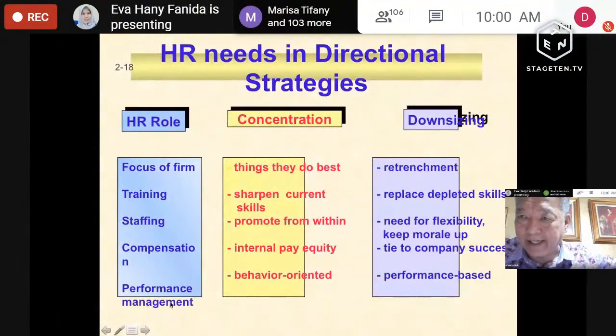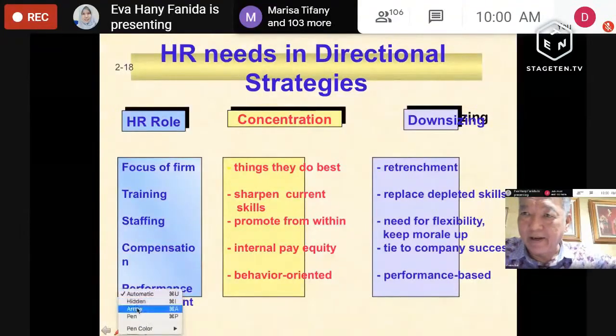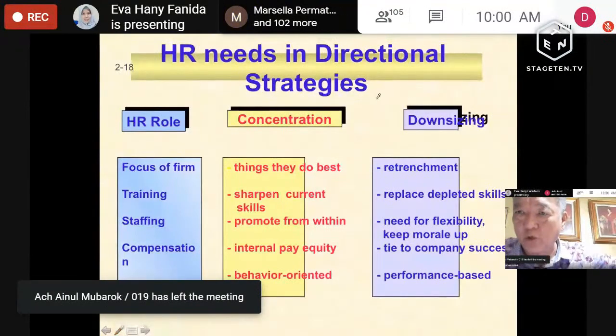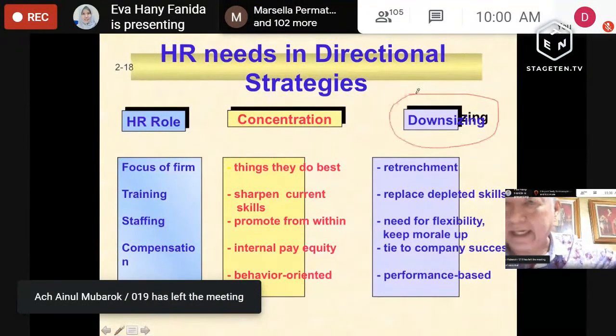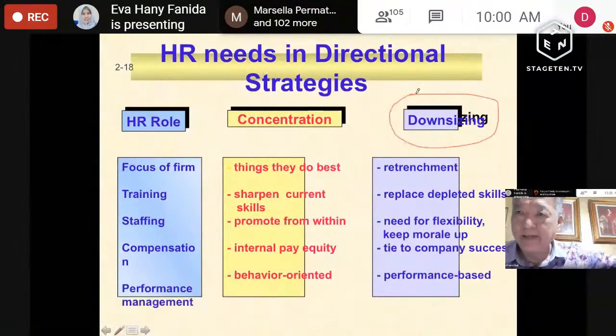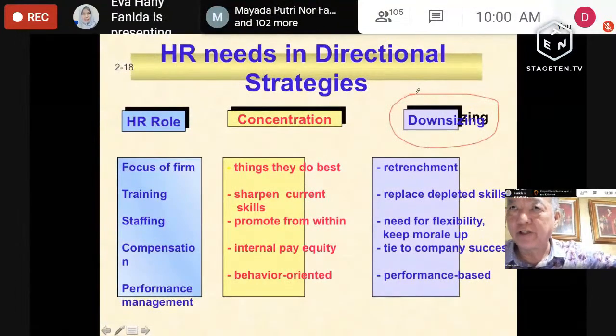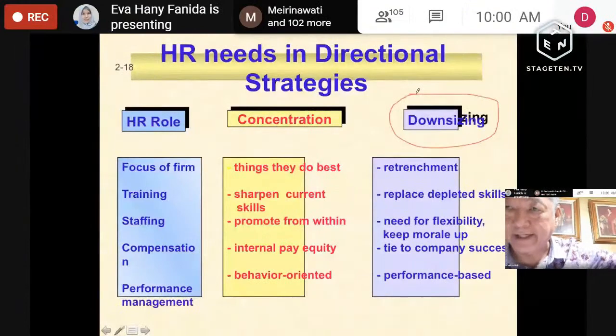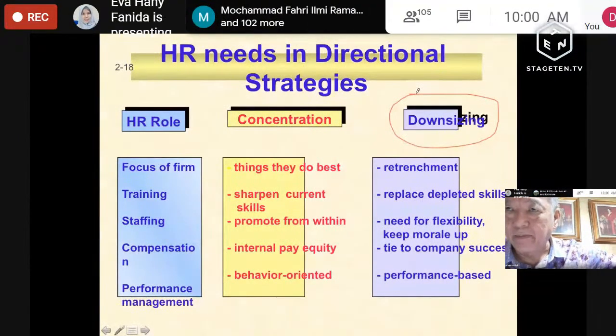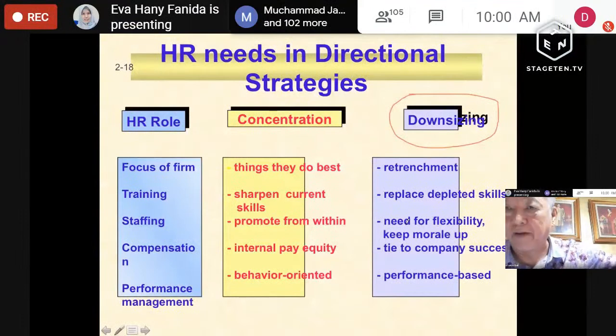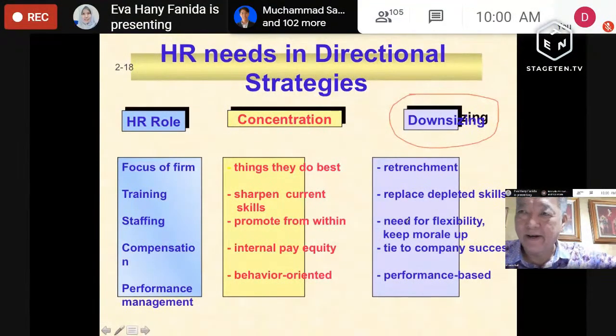Below are the different practices we use in different strategies. Different strategies use different practices, and different practices bring different human needs. Human needs come from different strategy. Okay, go to next page.